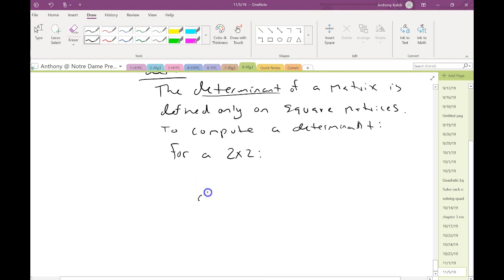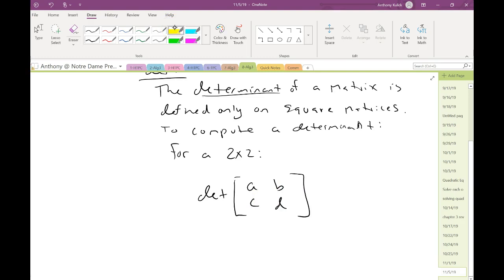So for a 2x2, actually I'm going to do this abstractly. For a 2x2, we're going to take this diagonal, multiply it together, and subtract it from that diagonal, multiplied together.